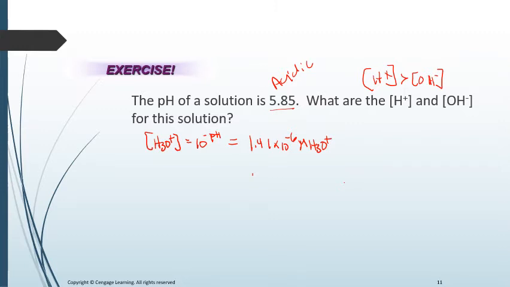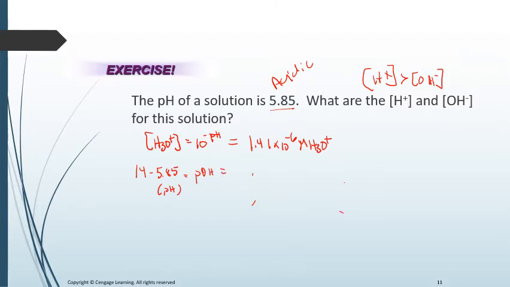You have a couple of different options to solve for the OH minus. It will give you the exact same answer either way. You can use the Kw and divide by the H3O plus concentration to solve for the OH minus. Or the other thing we could do would be to simply take 10 to the negative pOH and use 14 minus the 5.85, since again the pH plus the pOH equals 14.